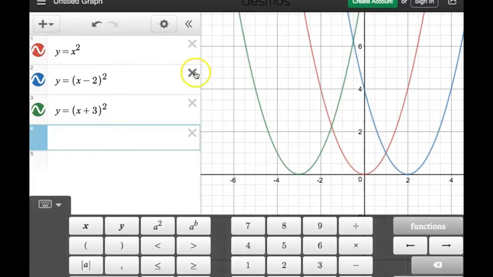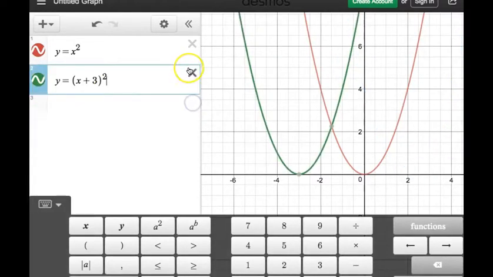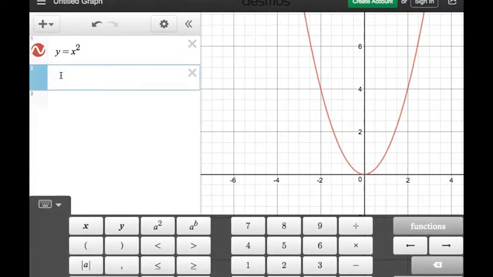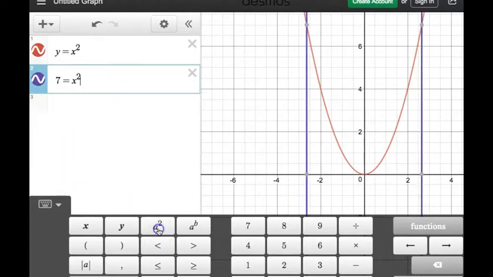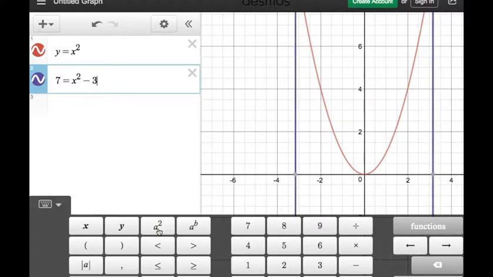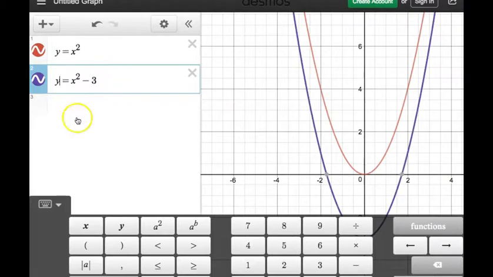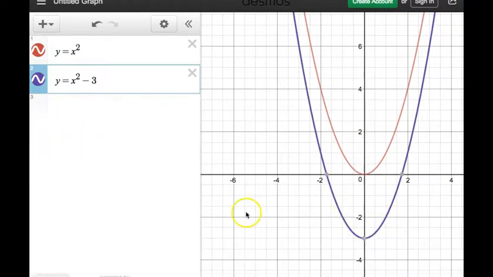Now let's get rid of those two and look at y equals x squared minus 3. It's the x squared curve shifted down 3 units.